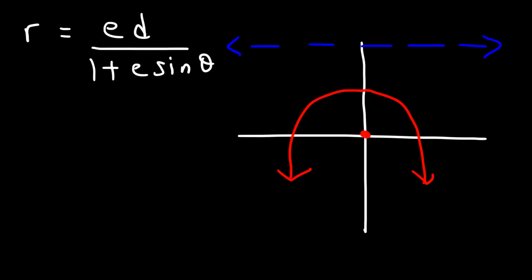The distance between the directrix and the focus is known as d, and that's the d in this equation. e is the eccentricity. So in this case, we have a horizontal directrix above the pole, and the focus is the pole, which is the origin.